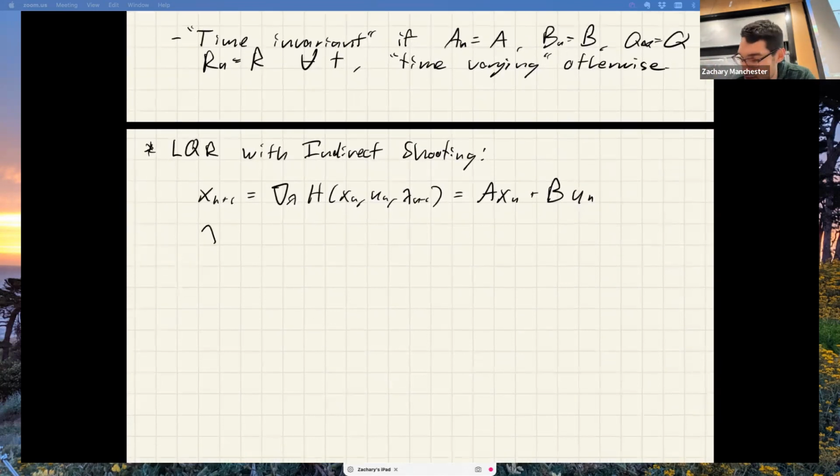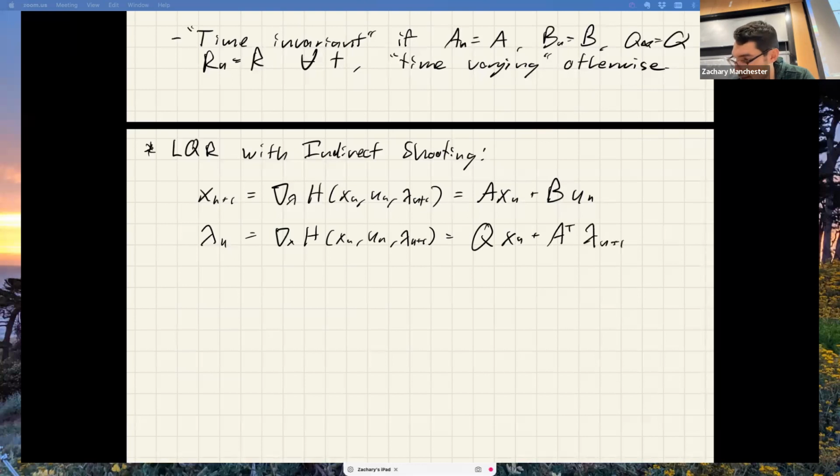Okay, cool. So here's the lambda stuff. This looks like the following thing. Again, this is just plugging into the stuff from last week. And then we get lambda_N, this terminal boundary condition, it's Q_N x_N.